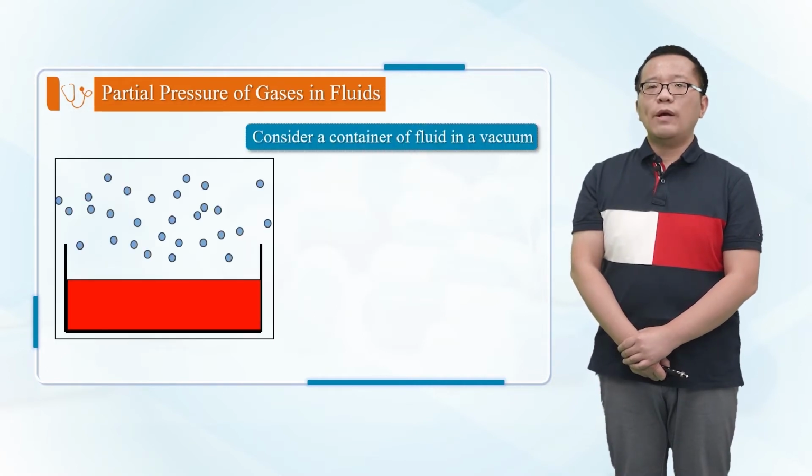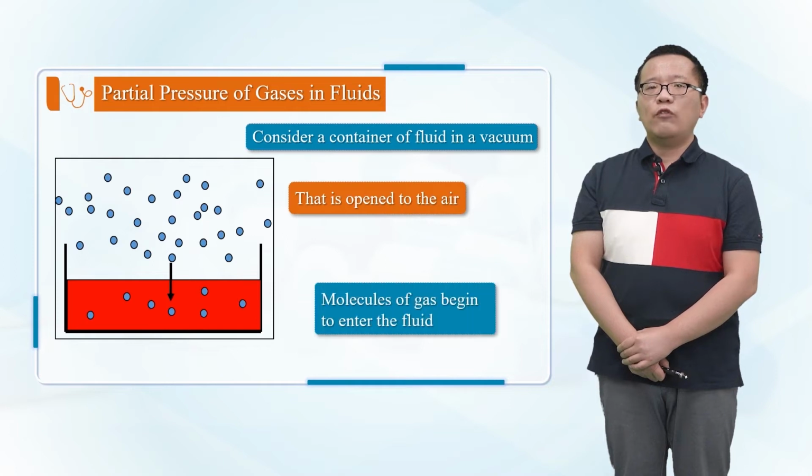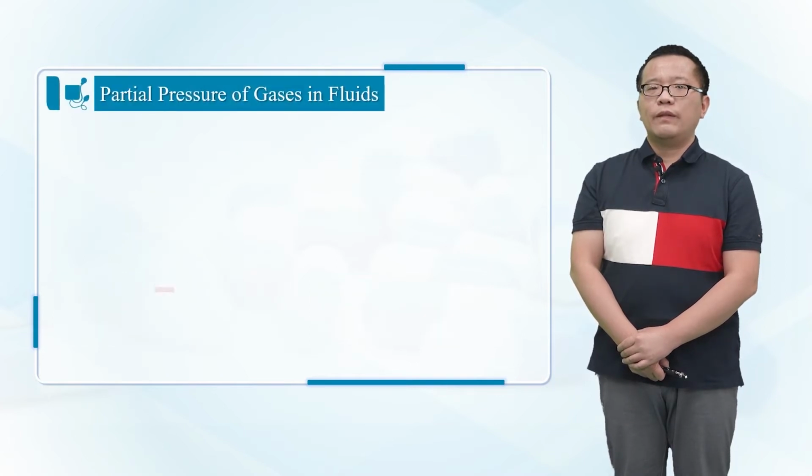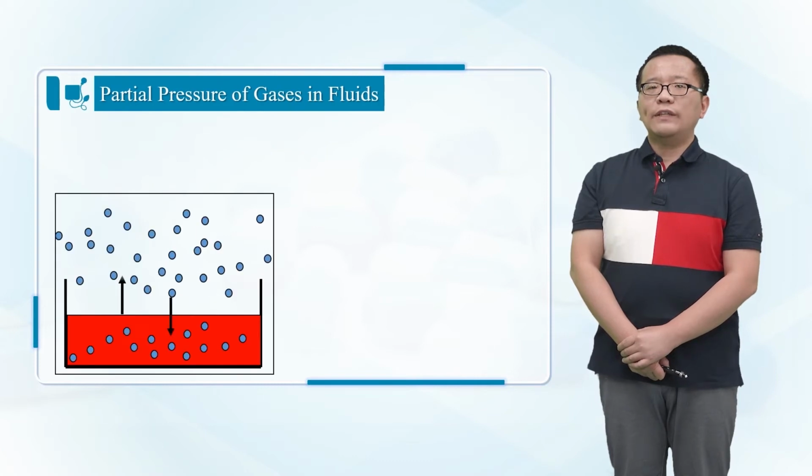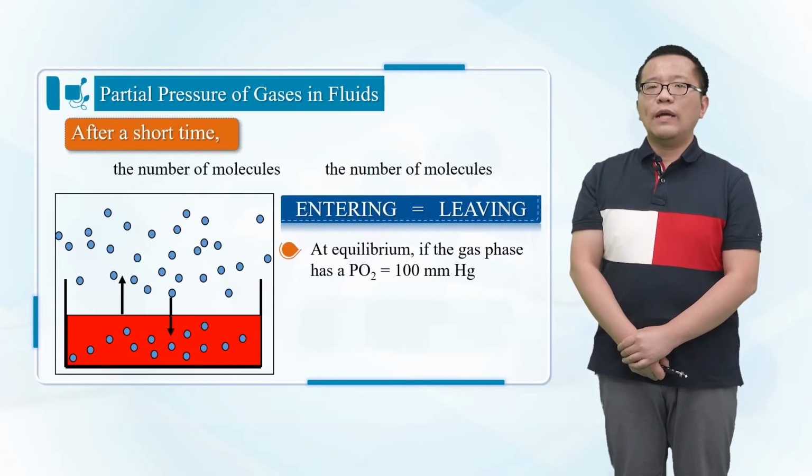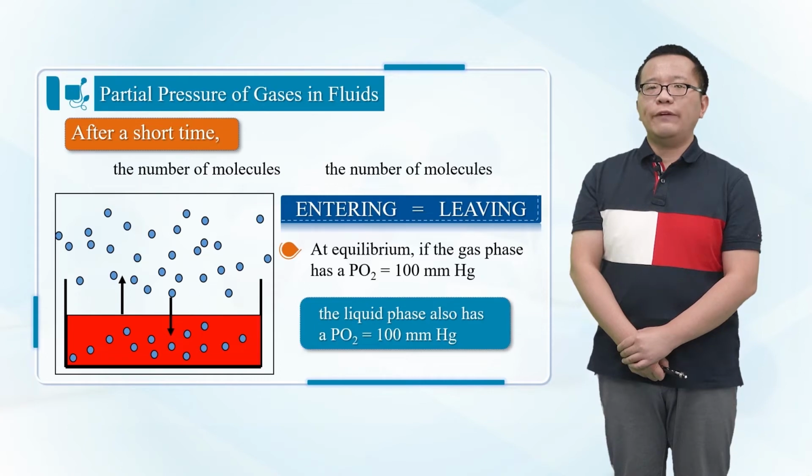We assume a premise. Consider a container of fluid in a vacuum that is open to the air. Molecules of gas begin to enter the fluid. After a short time, the number of molecules entering is equal to the number leaving.